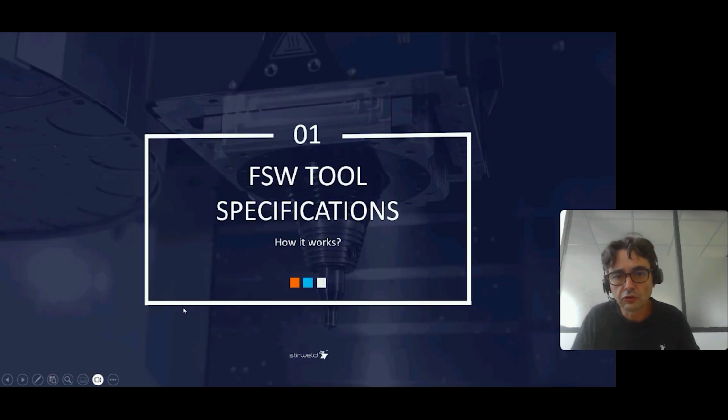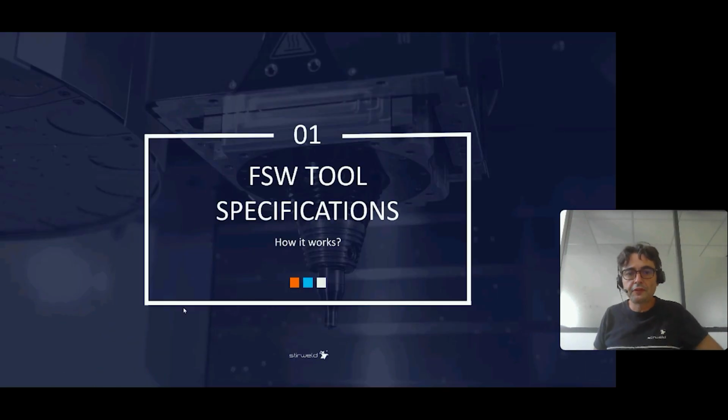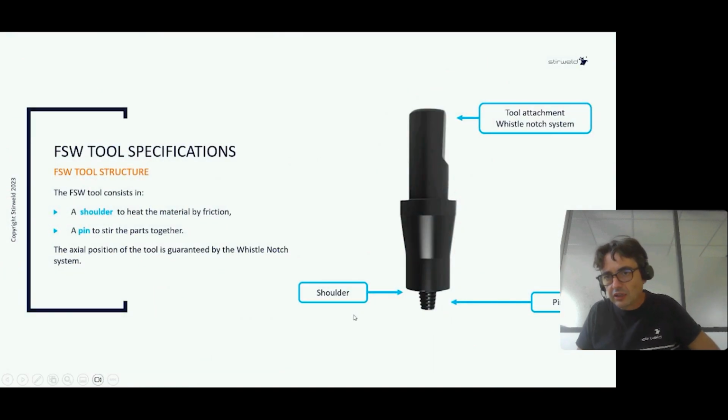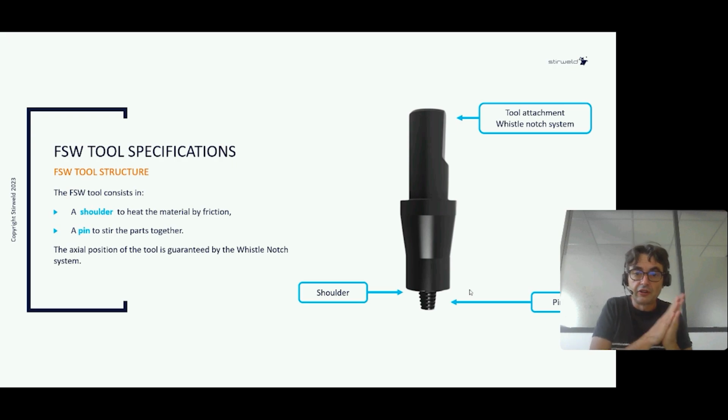Okay, so now let's talk about FSW tool specifications and how it works. As I mentioned previously, any friction stir welding tool is composed of 2 important parts: the shoulder here and the pin here. The shoulder is placed on the top surface of the part, and by friction between the tool shoulder and the part, we create heat.